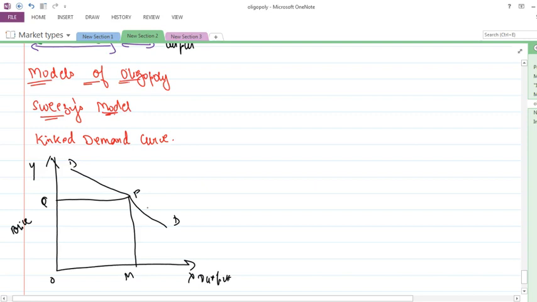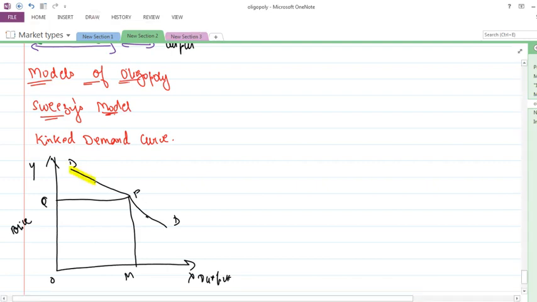Due to this behavioral pattern, the oligopolist believes that if a particular firm increases the price to this level, he would be losing market share. On the other hand, if he lowers his price to this level, then all the competitors will follow, and due to this he is not going to get any benefit of reduction in prices.